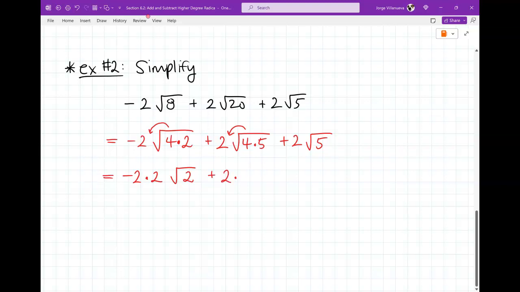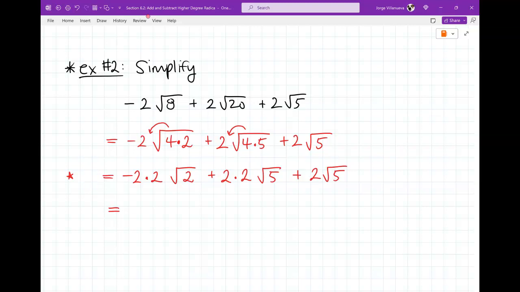Plus 2 times 2, square root of 5, plus 2, square root of 5. Now remember, at this point in my life, I would never show that step that I just wrote. I would just say like the 4 comes out, becomes a 2, and say, okay, multiply it by 2, and then just write it out. I probably wouldn't do this step right here, okay? But it's up to you if you want.